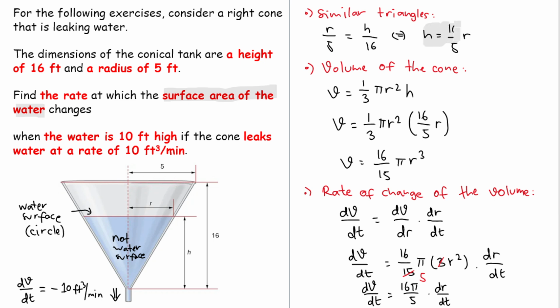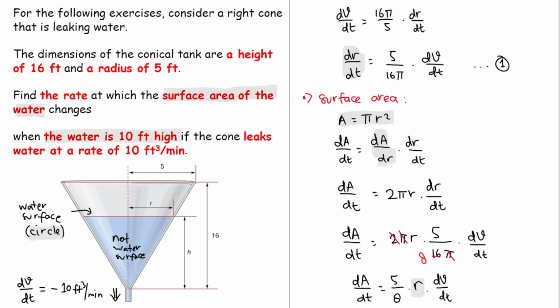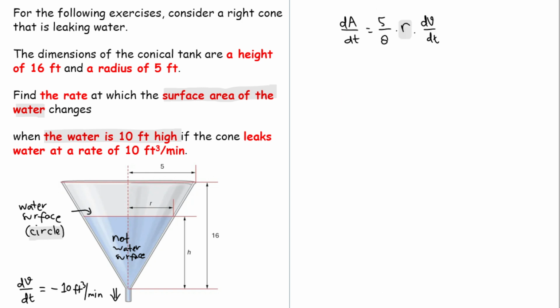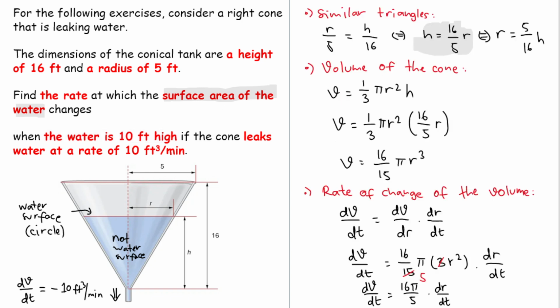So h is equal to 16 over 5 r, or we can also write r equal to 5 over 16 h. Okay, now let's plug that in here, but I think it is full, so let's clean this up. So now we can plug in that r, and that r is 5 over 16 h.